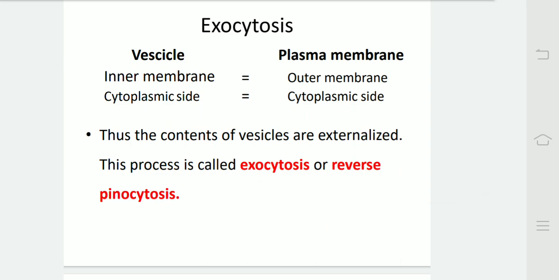The inner membrane of the vesicle fuses with the outer plasma membrane, while the cytoplasmic side of the vesicle fuses with the cytoplasmic side of the plasma membrane. Thus, the contents of the vesicles are externalized. This is known as exocytosis or reverse pinocytosis.